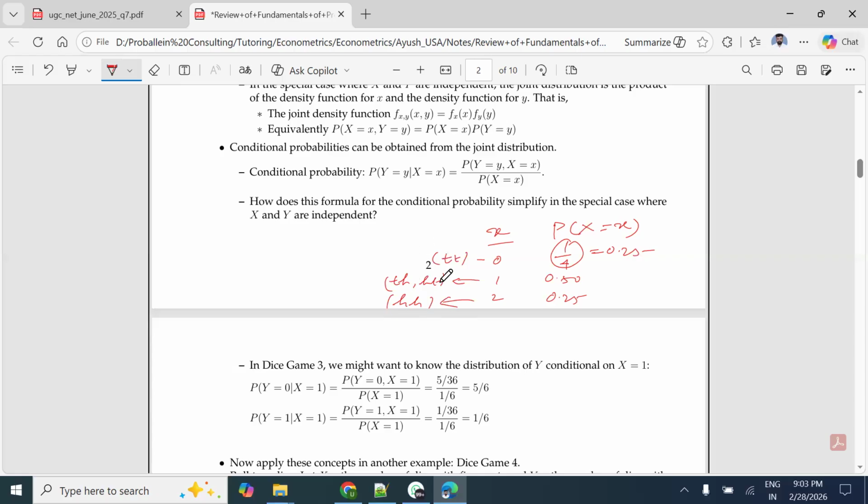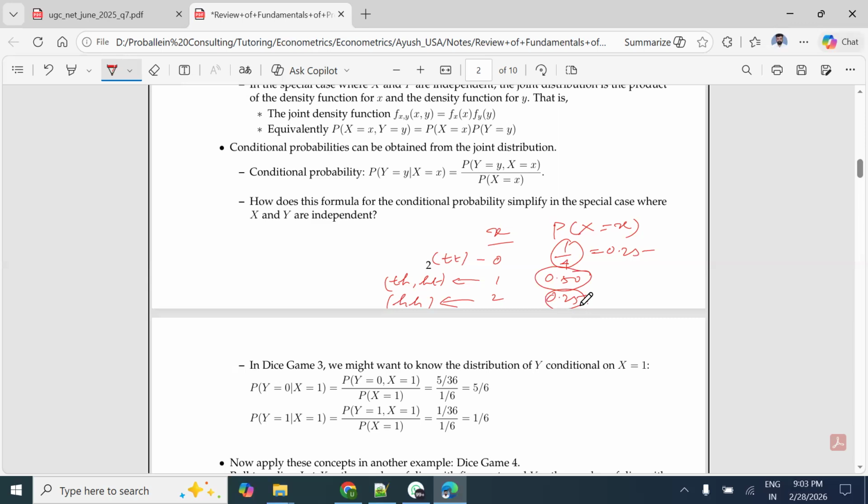This is 1 because 2 by 4 is 1 by 2, that is 0.50. Again this is 2, so 1 by 4 is 0.25. This is basically your PMF when tossing a fair coin twice.